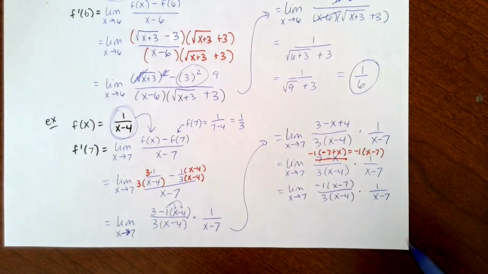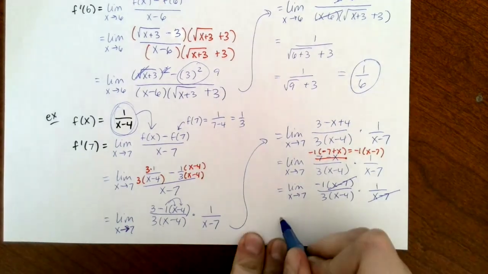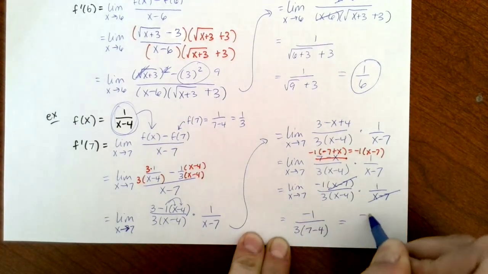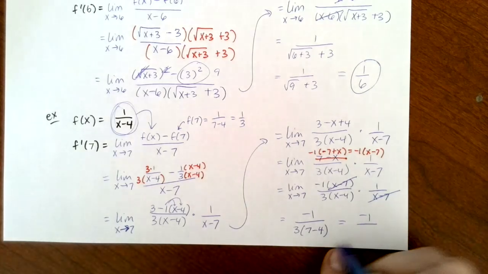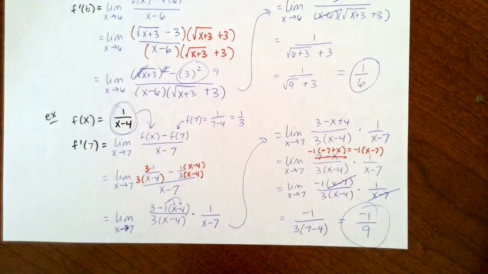Everything else the same. Now these guys can cancel. And I can finally just plug in 7 for x. And that's negative 1 over 3 times 3 is 9. So negative 1/9 is my answer.